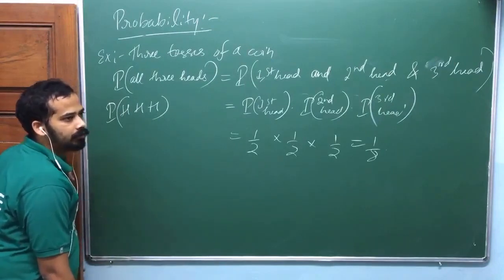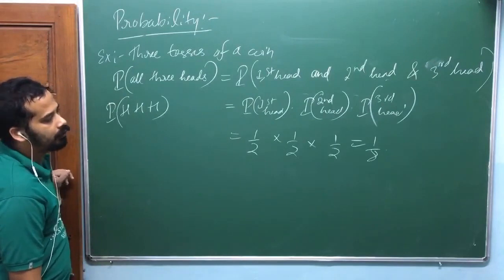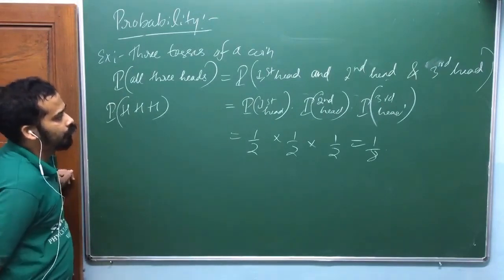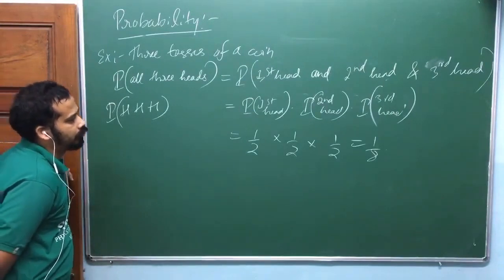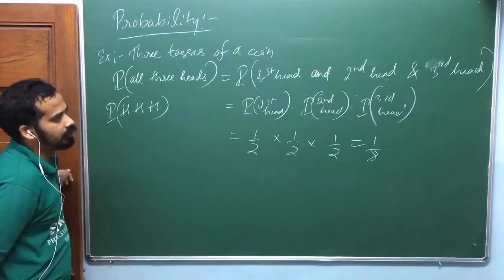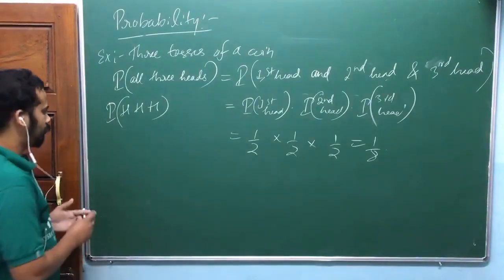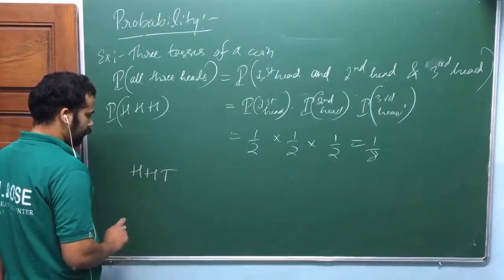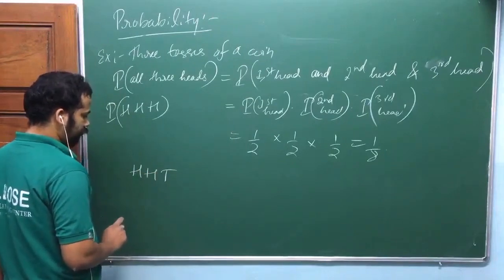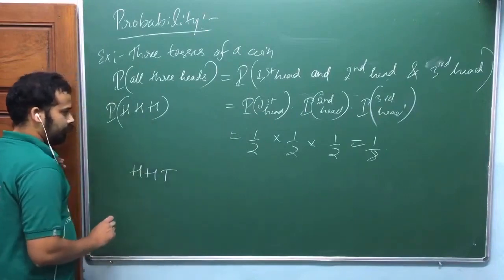First 2 tail, by 8 into 2 by 8. First head and second tail. No. First head, second head, third tail. That's what you are saying? Yes, sir. I am saying if we don't specify the position, we are just saying what is the probability of getting 2 heads and 1 tail only. So then, sir, it will be 1 by 8 or something else.